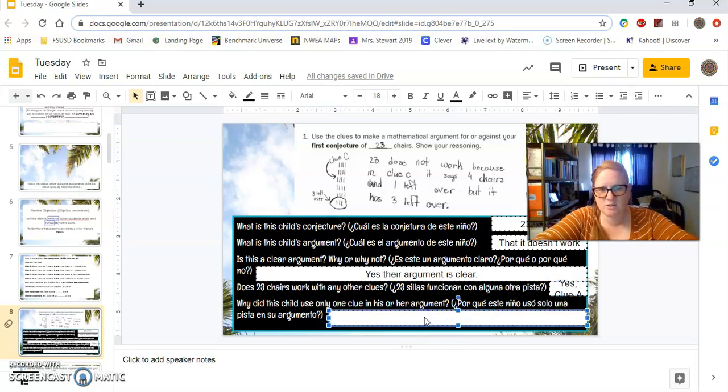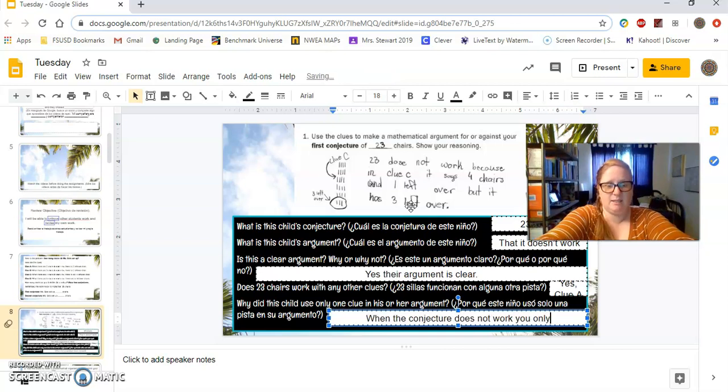Why does this child use only 1 clue in their argument? I'm going to say because when the conjecture does not work, you only need 1 clue to prove it.